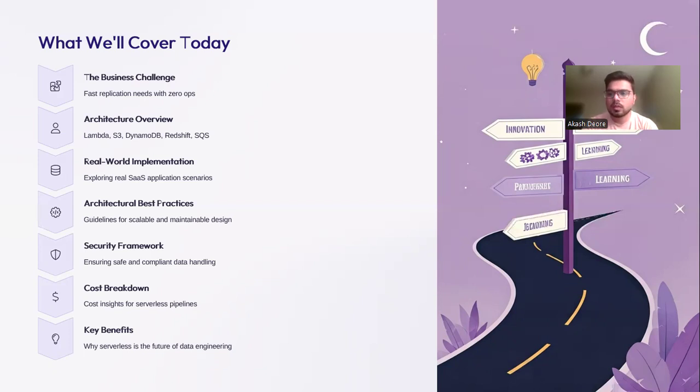After covering this, we will also look into how much cost it requires to build this kind of architecture, and the actual running cost, using the AWS cost estimate tool. And last will be key takeaways that I have learned, or my perspective about this architecture.